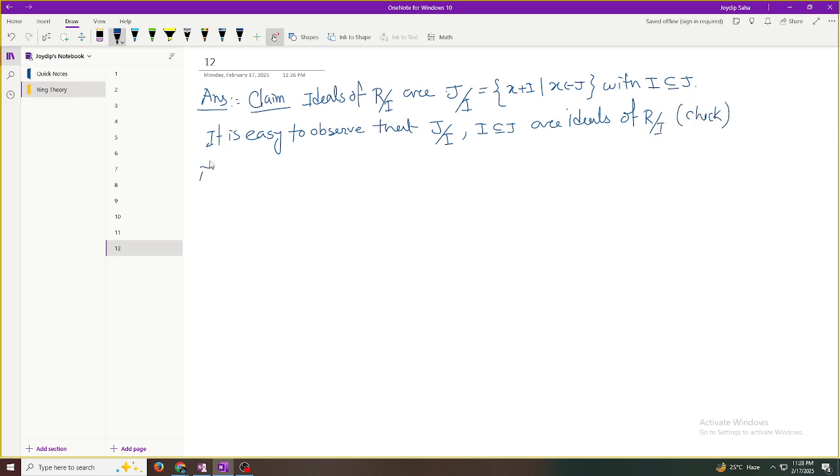Now suppose Q, a subset of R mod I, is an ideal.